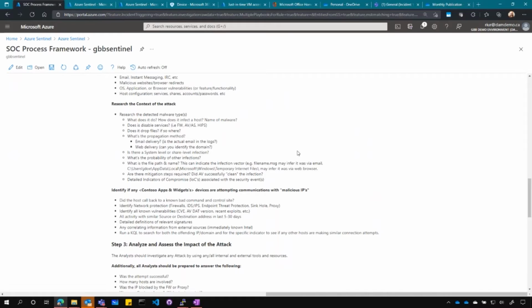One of the things that we do within this framework is integrate host analysis. And we're going to talk a little bit about that and how to leverage our XDR platform to do some of the type of host analysis, which snaps to these research questions around this attack. Some of the other things to consider, right? If we want to identify devices that are attempting to communicate with a known bad IP, right?